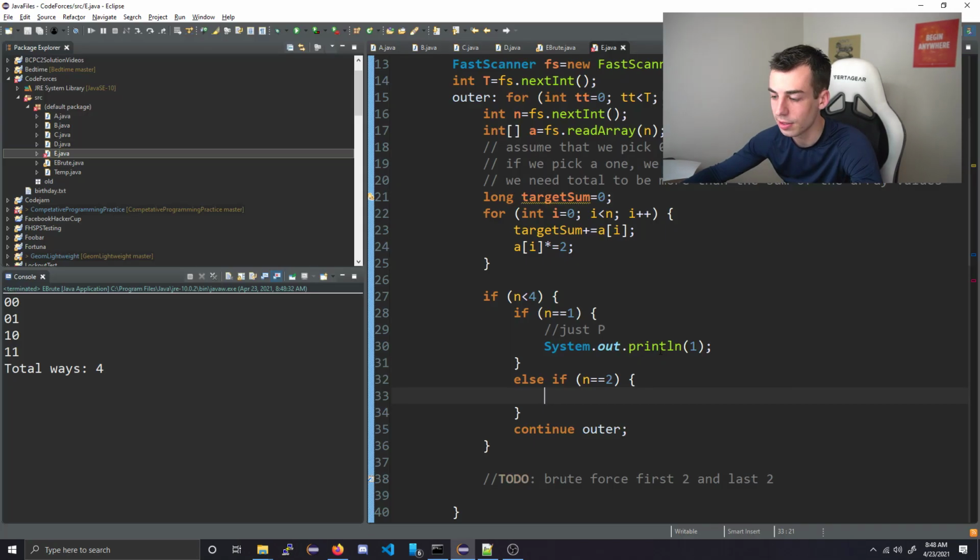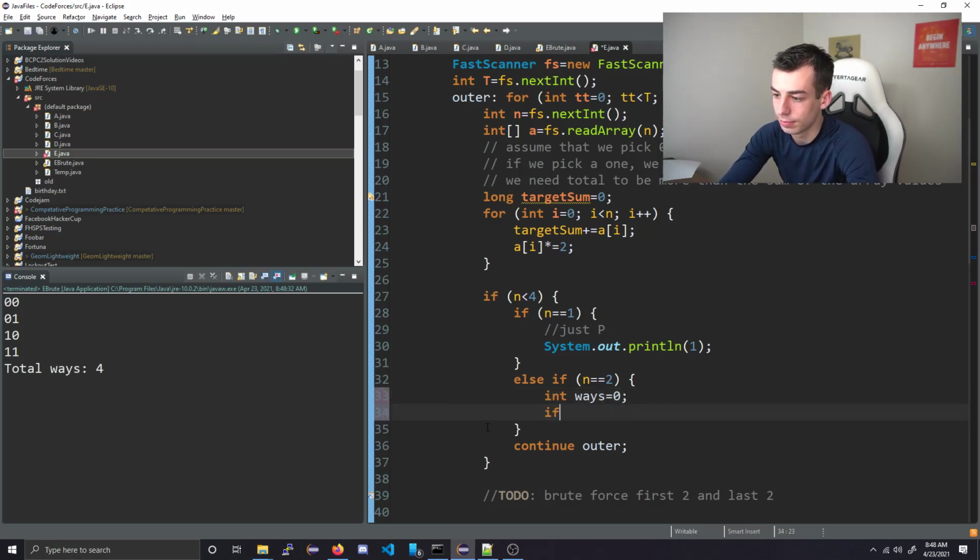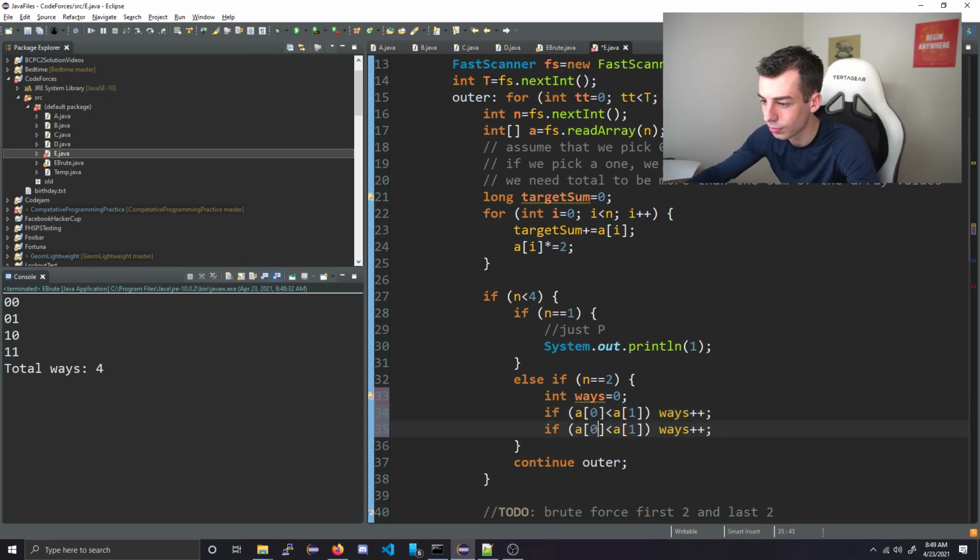Is this a strict less than? Okay. If a at 0 is less than a at 1, ways plus plus, then we have 1 and 0.